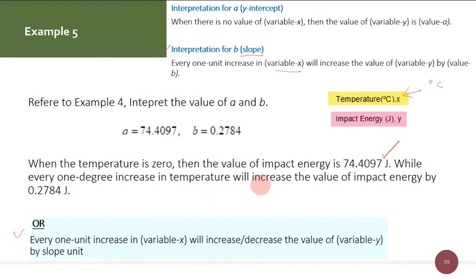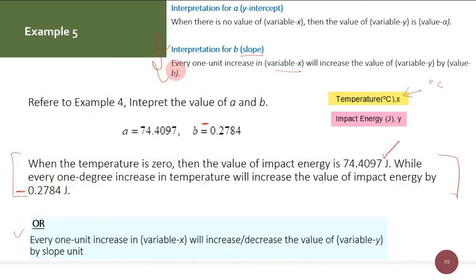The only difference is if, let's say, B is now negative, for example, negative 0.2784. If we interpret this way, every 1 degree increase in temperature will increase the value of impact energy by negative 0.2784 joule.